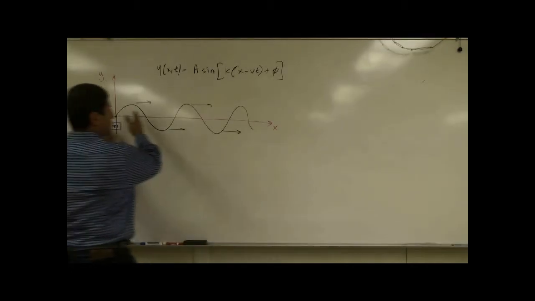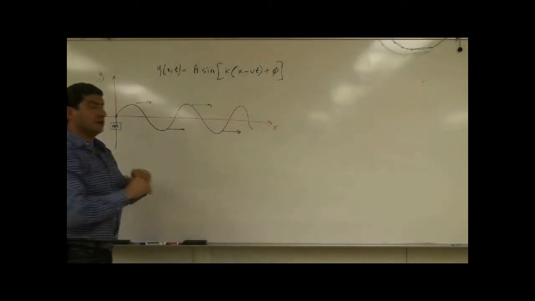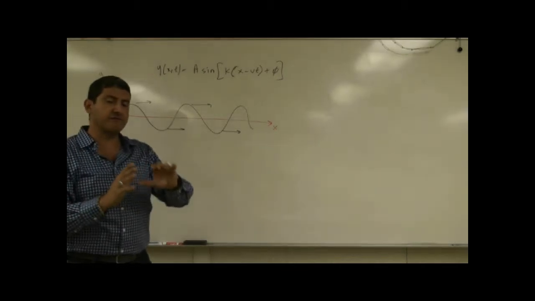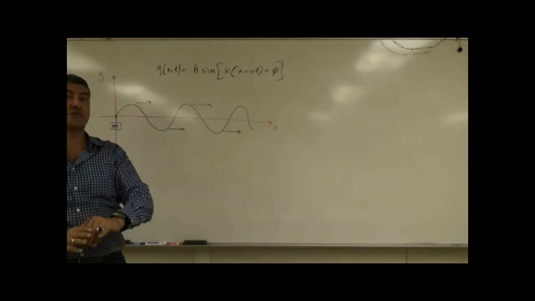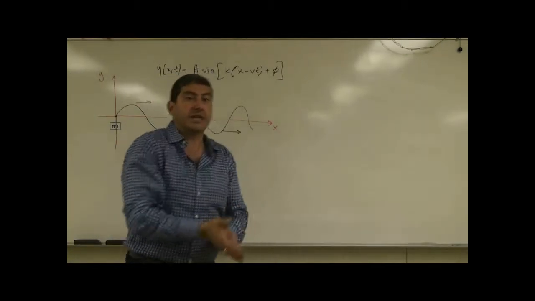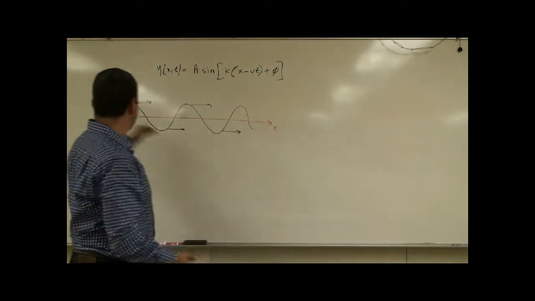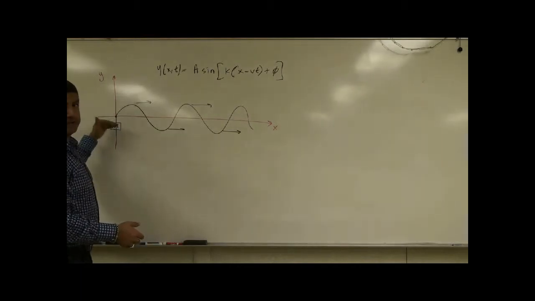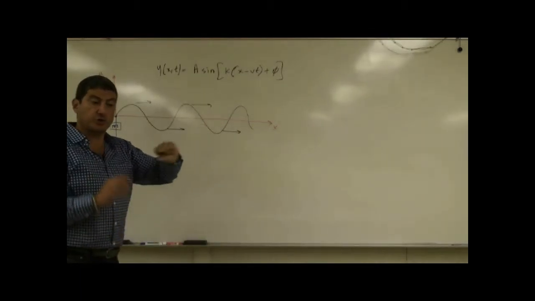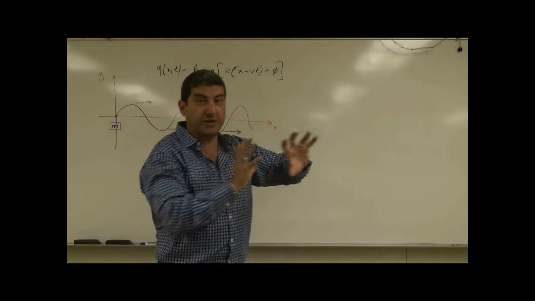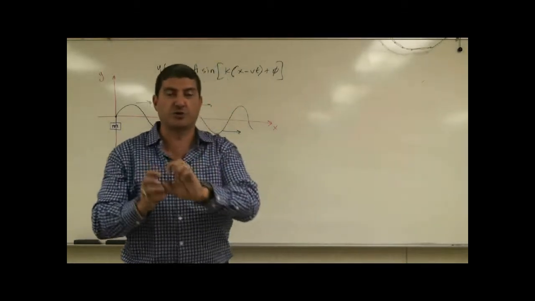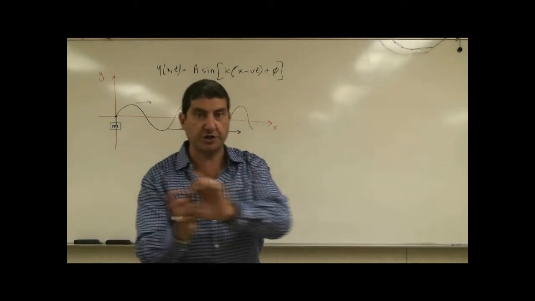Well, as this wave is propagating this way, the interesting thing about the transverse wave is that the propagation of the energy of the wave is to the right, but the actual motion of an object on the wave, if you put an object, it actually just propagates up and down. It doesn't actually move. So a wave is actually the transfer of energy without actual transfer of motion of an object.